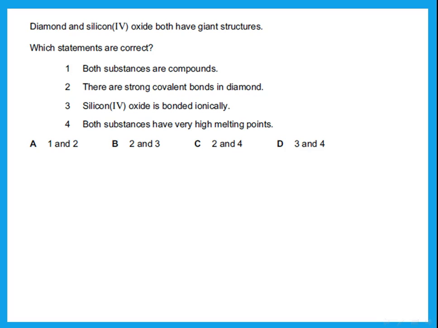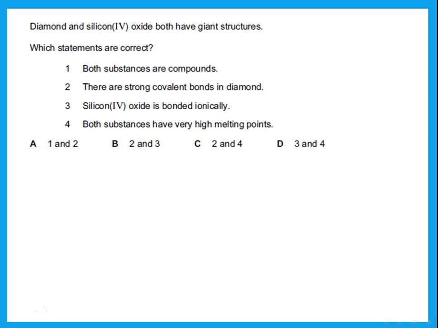Diamond and silicon oxide both have giant structures. Which statements are correct? Both substances are compounds. Which one of these is a compound and which one is an element? Remember that diamond is made of carbon, so that means it is an element. Silicon dioxide is made up of silicon and oxygen chemically combined together in a fixed ratio. Silicon dioxide is a compound.